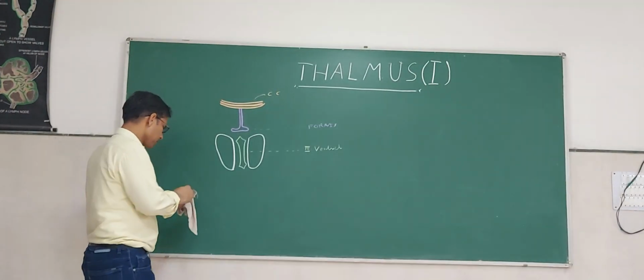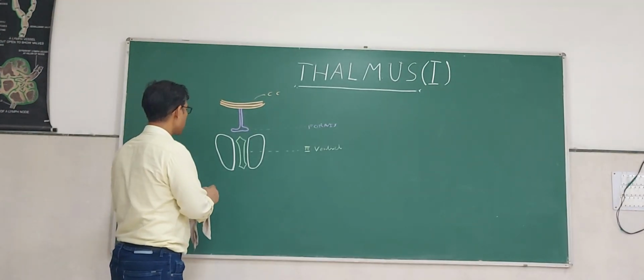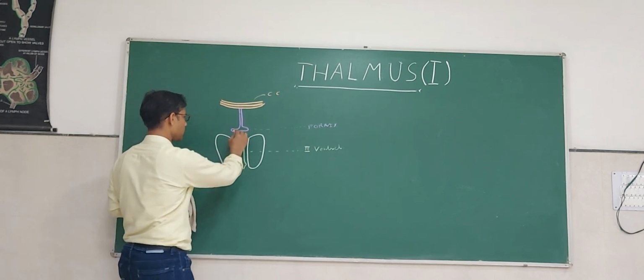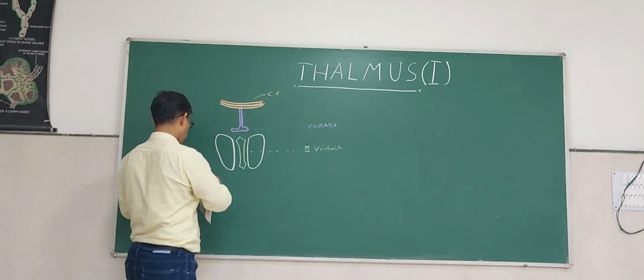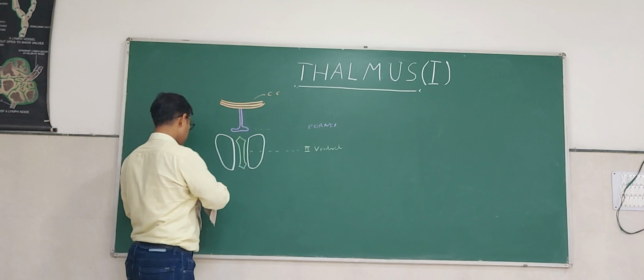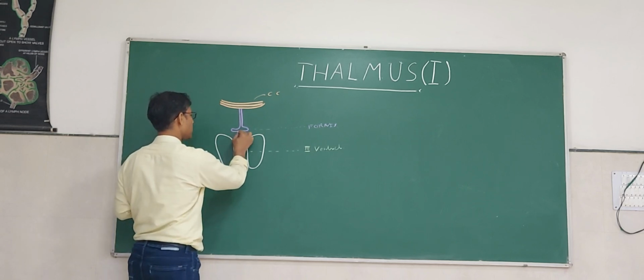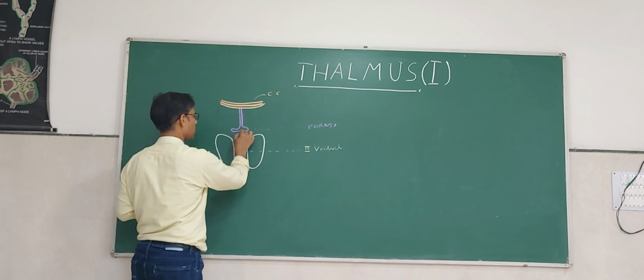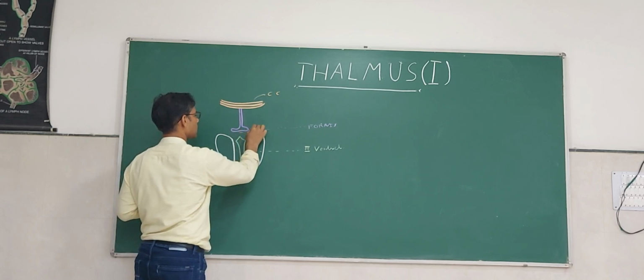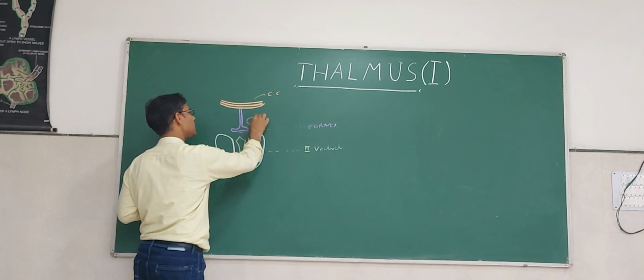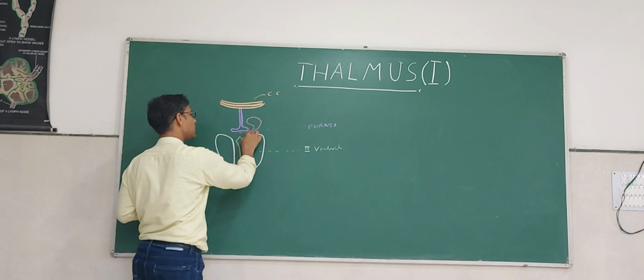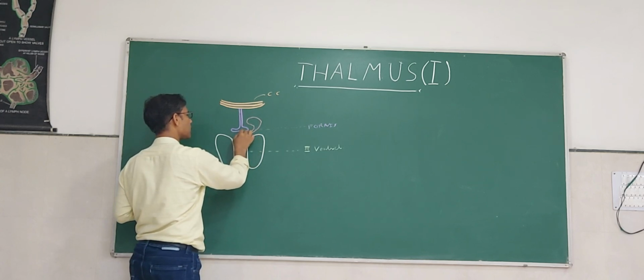Not only that, in this region we are drawing a choroid plexus, which is projecting into the lateral ventricle as well as into the third ventricle.